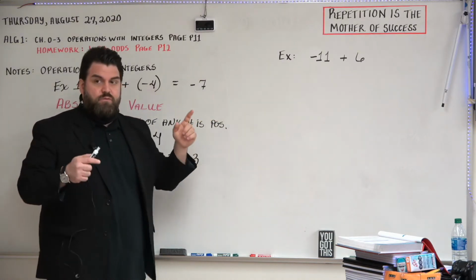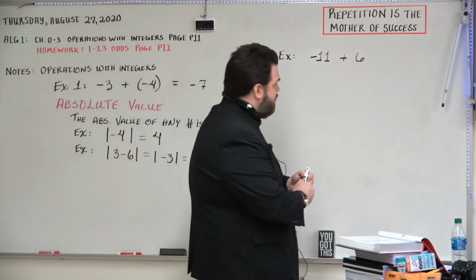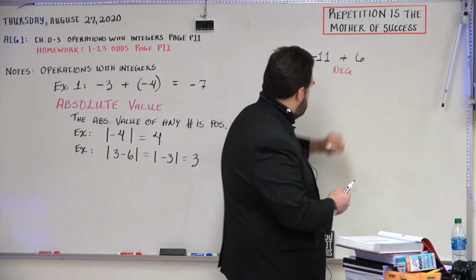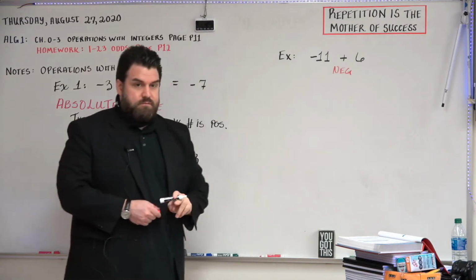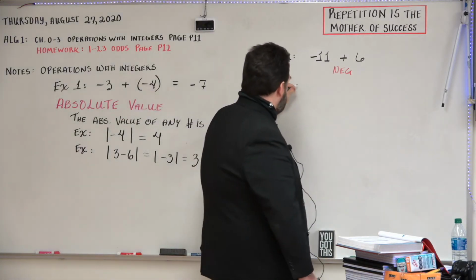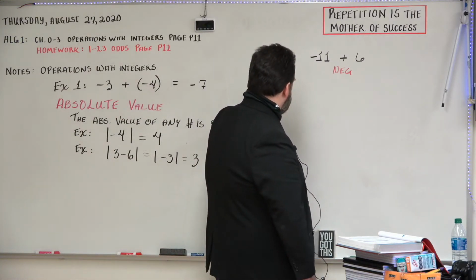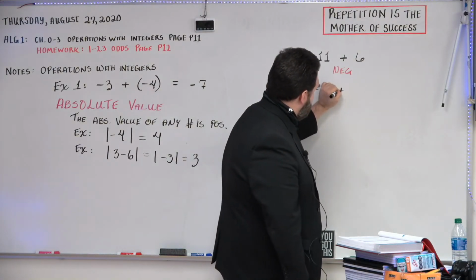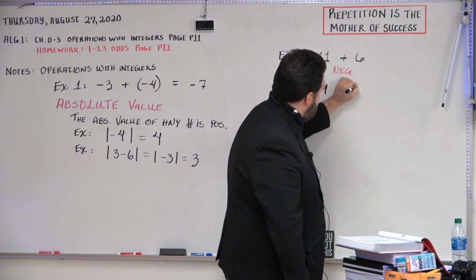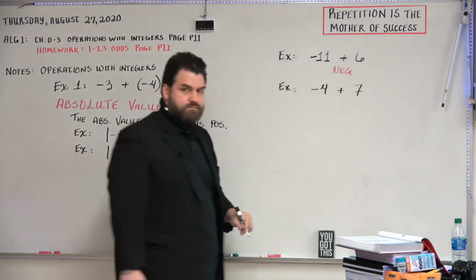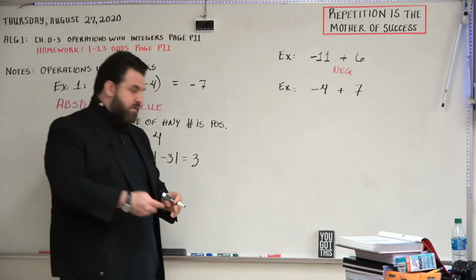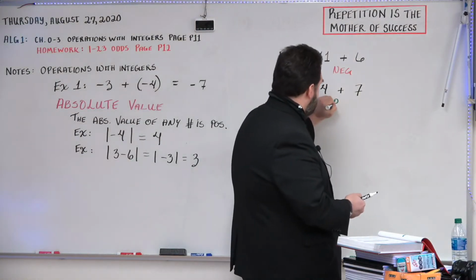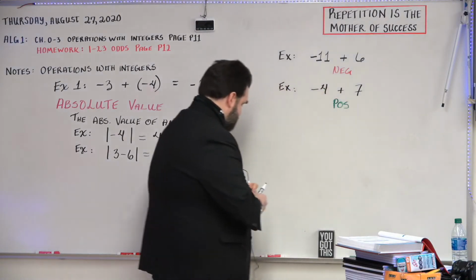So the result will be negative. Here's another example. Negative 4 plus 7. The bigger number is a positive number, so the result is going to be positive.